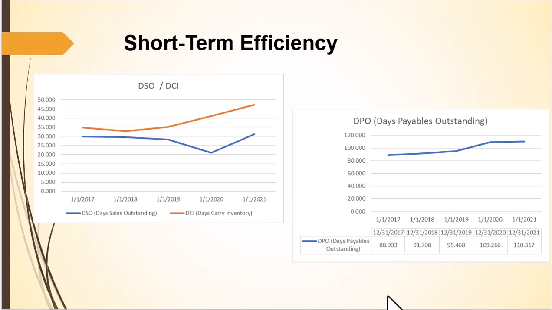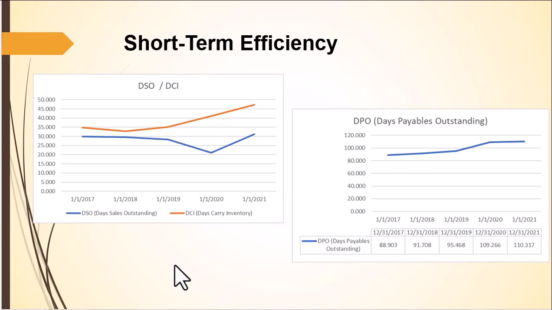Now, days payables outstanding is separate here because I have not found many financial statements using this formula that it really makes sense, right? I mean, this essentially is telling us on average, it takes about 100 days for Coors to pay their creditors. Now, we know that is probably not true, right?